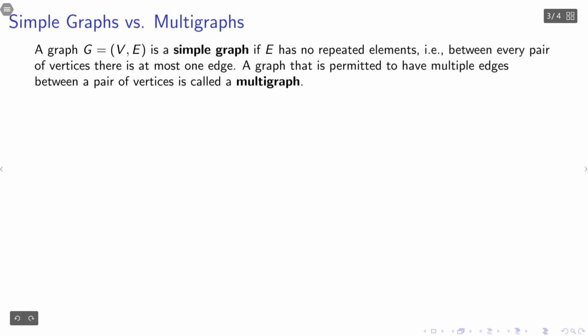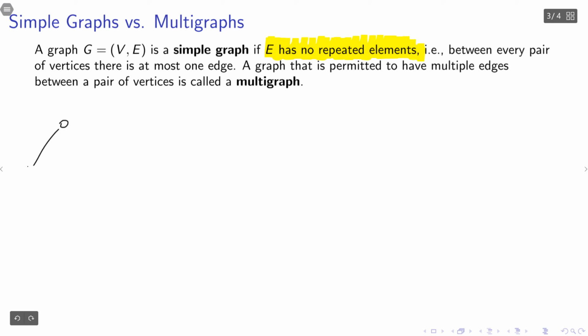A few more definitions here that might be relevant for some of the topics in the course is that of a simple graph versus that of a multigraph. And the main difference here between the two is whether E has repeated elements or not.